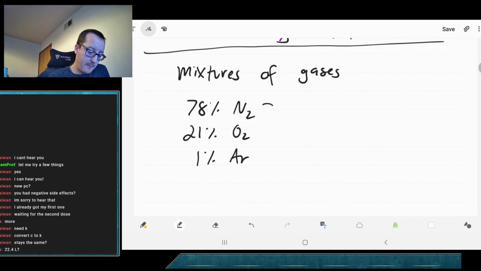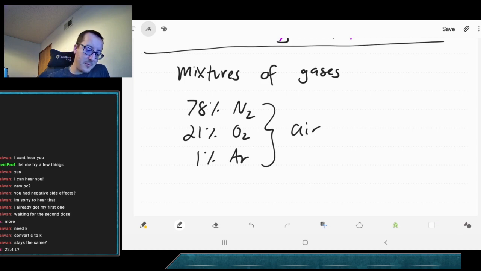Well, this, of course, is air. The air we breathe is this mixture. There's also some smaller proportion things like carbon dioxide, water, or whatever. But this is a very common gas mixture, something that is present all over the world.